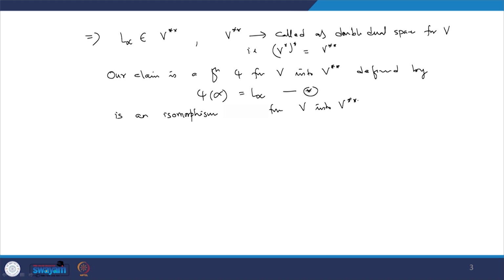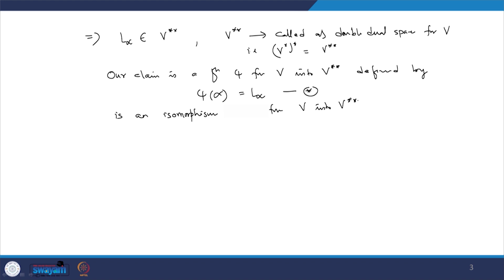So, the way we have introduced L alpha, I am defining a function psi from V into V double star defined by psi of alpha equal to L alpha. Now, my claim is that this psi is an isomorphism.